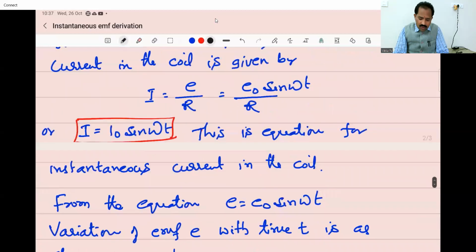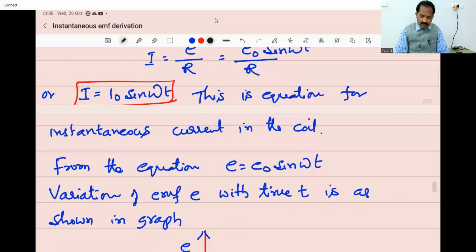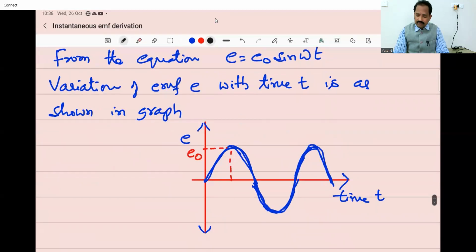From the equation E is equal to E naught sin omega t, it is very clear that the variation is sinusoidal. So that means the value of instantaneous EMF varies with time sinusoidally, like a sine graph. If you plot a graph of EMF along the y-axis and time along the x-axis, you will get a curve like this.